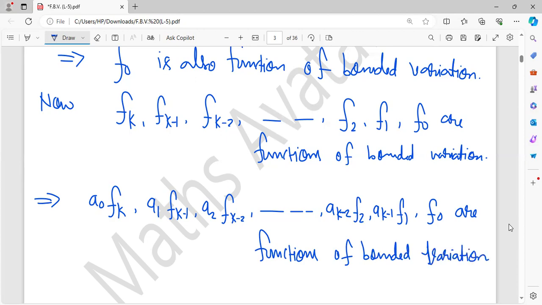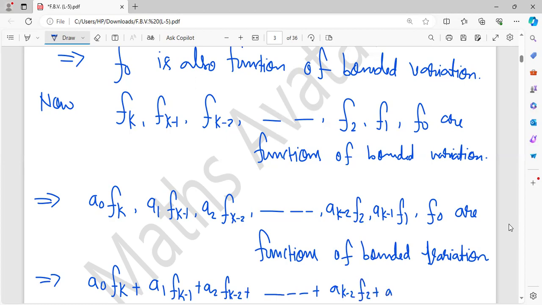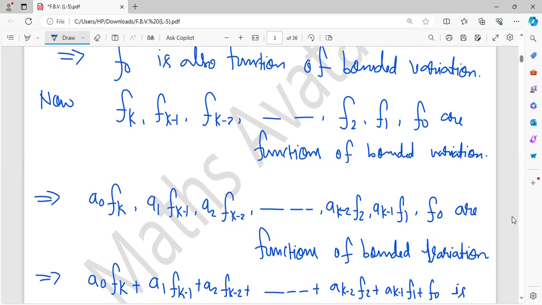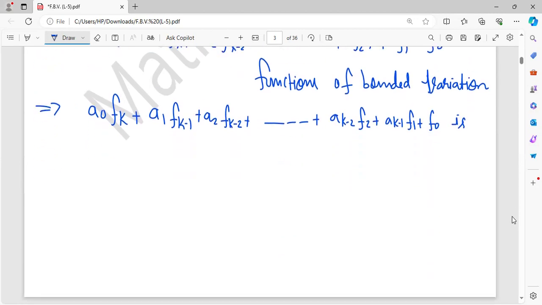So this implies their sum is also a function of bounded variation.